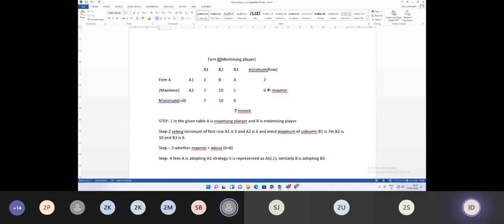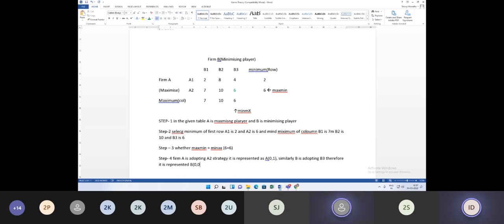Therefore, it is represented as B equals 0, 0, 1.